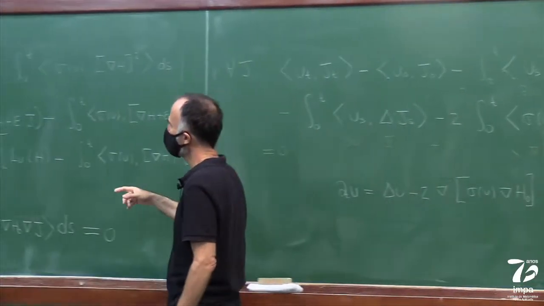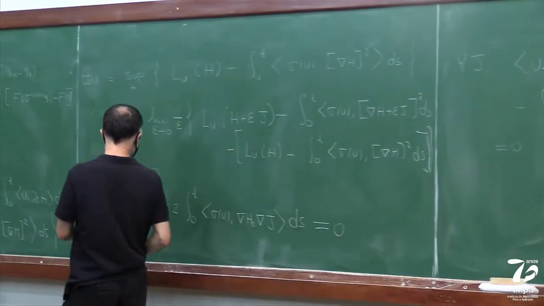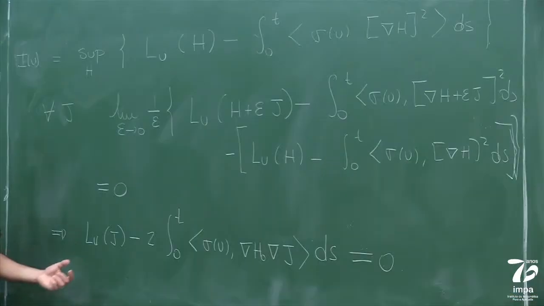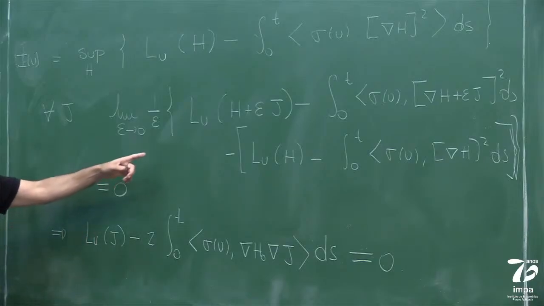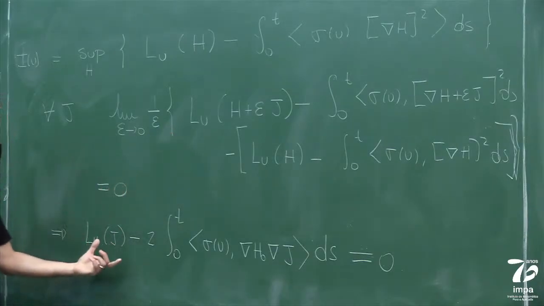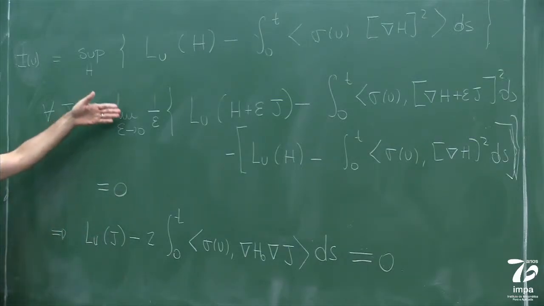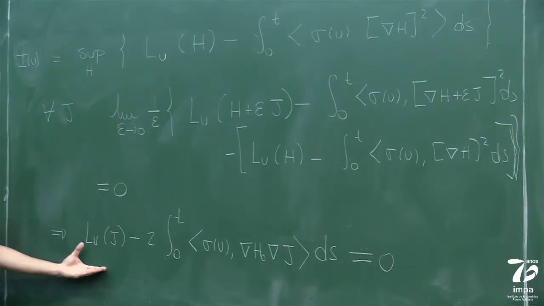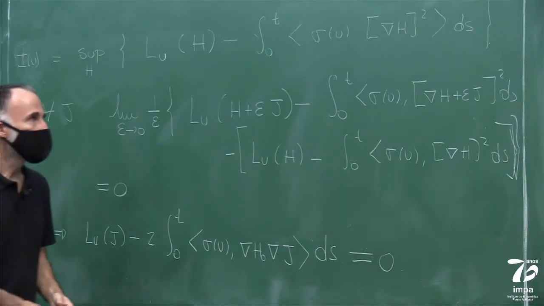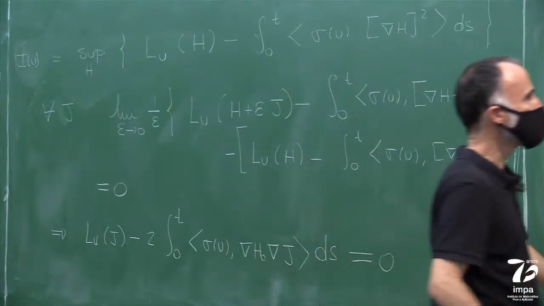And if you give me the h which maximizes, then I have this representation for L of u, right? Because I just computed that and I obtained this expression for all j. So let me write it here.